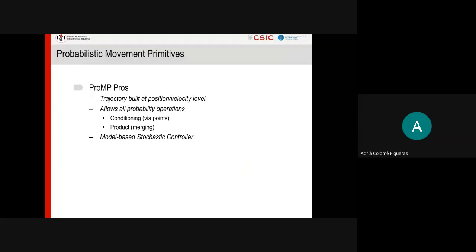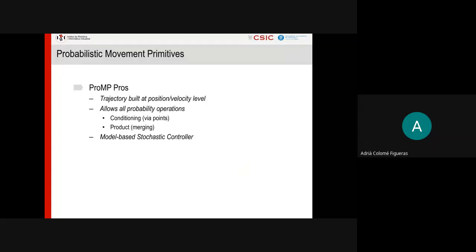They allow for conditioning, they allow for product. So imagine one set of trajectories with one distribution, and another set of trajectories with another distribution. We can make the product of these distributions, and we will have the intersection of these distributions, or we can blend from one trajectory, gradually converting it to another.